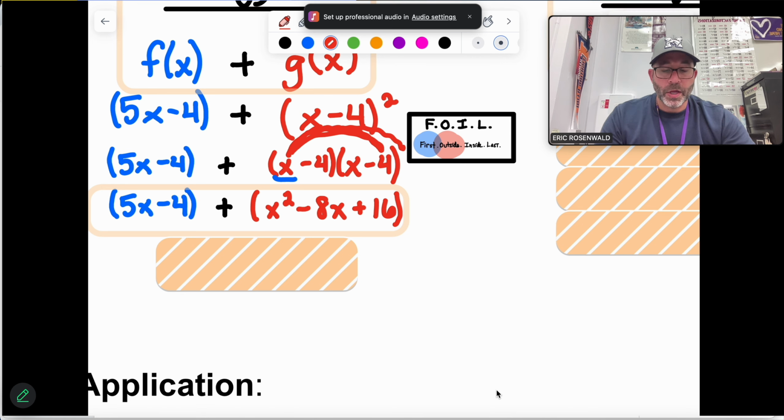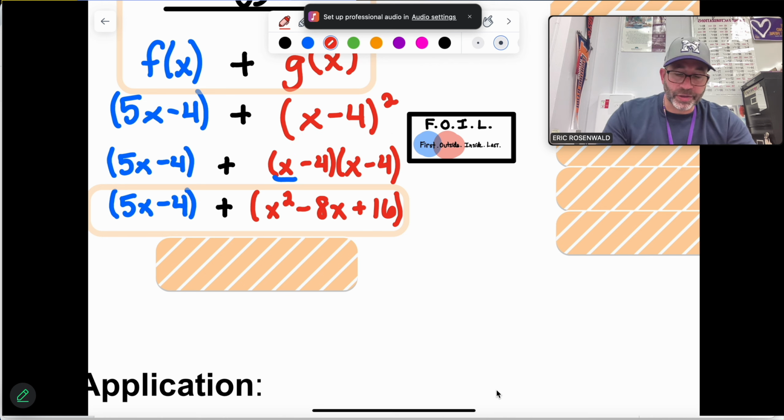Okay? The middle terms, the inside terms, are the terms that are literally on the inside. And so when we look at what's on the inside here, the inside terms are these two. Okay? And then the last thing we're going to multiply are the last terms.